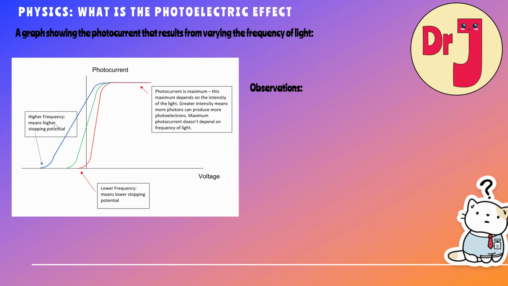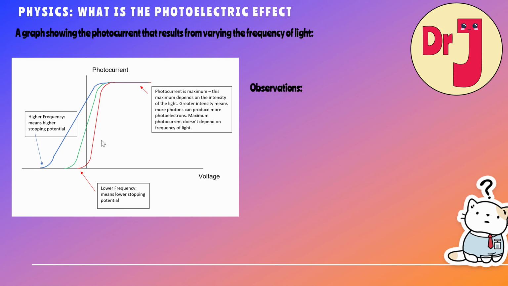Okay, we then have a look at a graph showing the photocurrent that results from varying the frequency of light. Here I've got high frequency, which is our blue, going to a lower frequency green, going to a lower frequency red. What we can see is that as the frequency decreases, the stopping potential decreases.